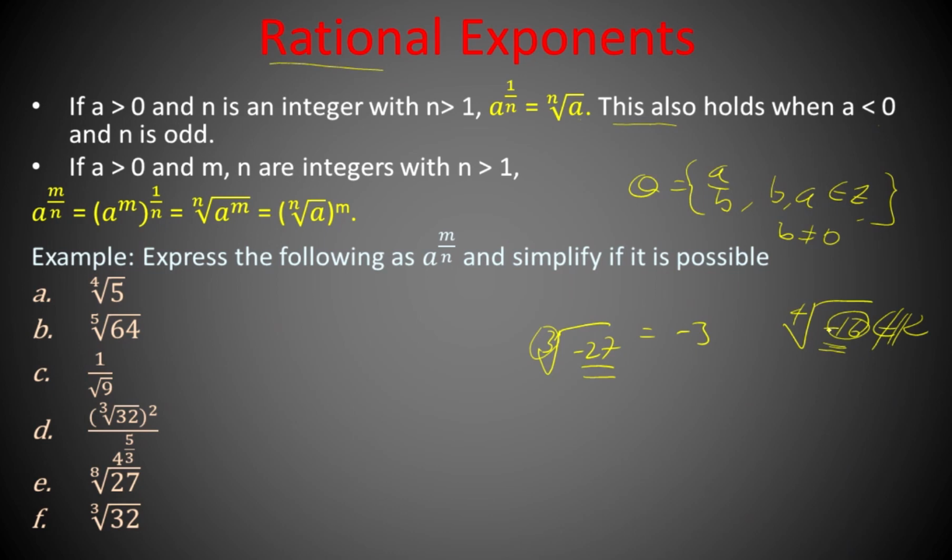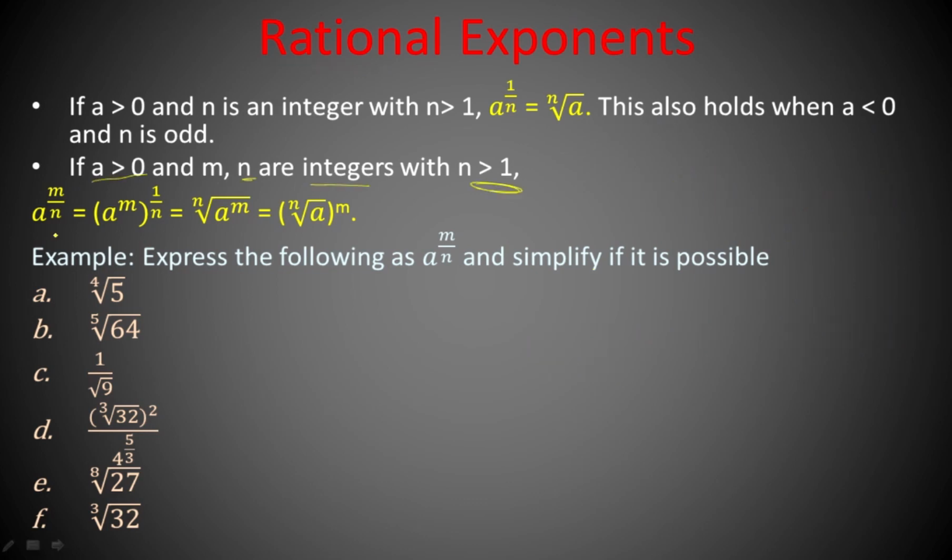Okay, from this, let's see additional information. If a is a positive real number, and m and n are integers with n greater than 1, then a to the power of m over n, a to a fractional power, can be written as a to the power of m, the whole to the power of 1 over n.